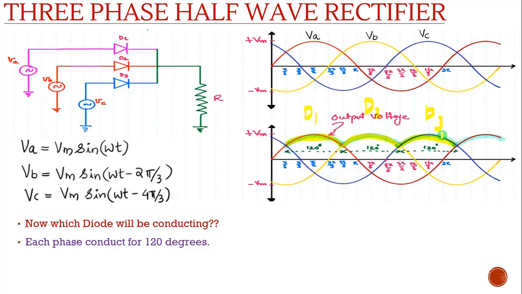And one more thing I have to add here: each diode will be conducting for 120 degrees. You can see from pi by 6 to 5 pi by 6, that is 120 degrees, and from 5 pi by 6 to 3 pi by 2, and from 3 pi by 2 to 2 pi, that is 120 degrees. So each diode, or each phase, will be conducting for 120 degrees, and the output voltage waveform will be like this.